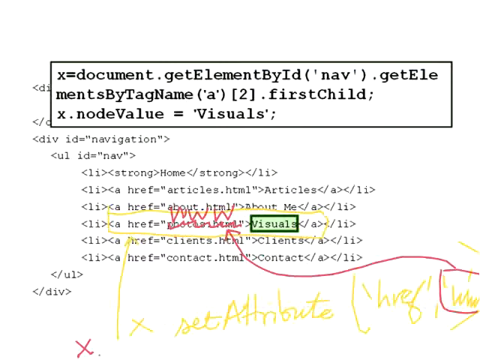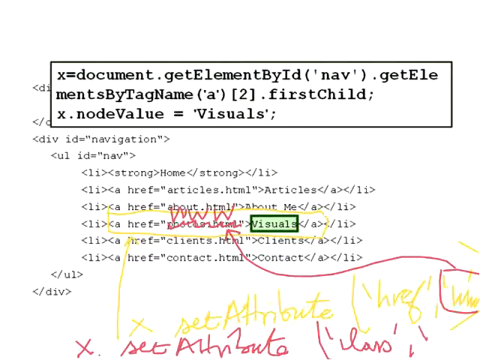But if we write X.setAttribute, for example, class ABC, do we have an attribute class in this example? No, we don't have an attribute class.